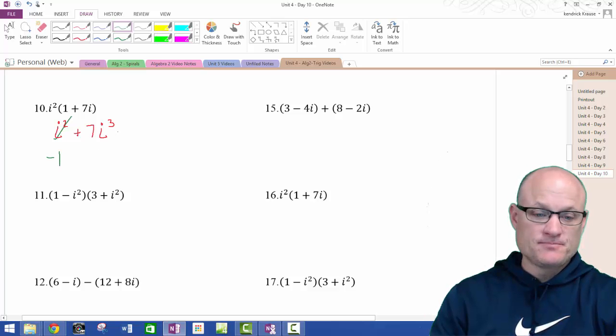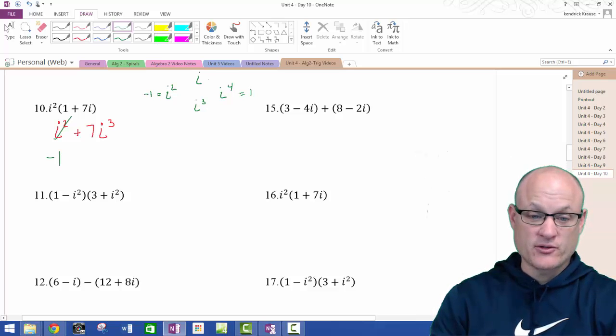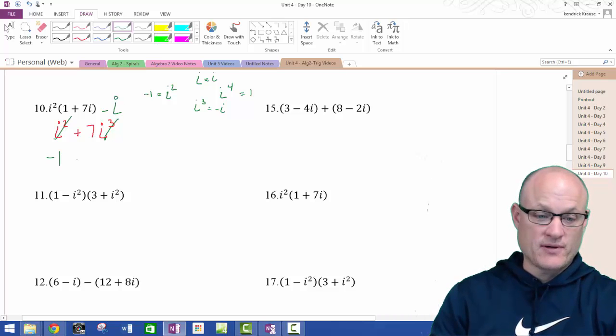And for i cubed, you'll have to go back to the i circle, but if you remember, it's i squared, i cubed, and i to the 4th. This one was negative 1, so this one is positive 1. This one is just i, so this one is negative i. So i cubed is really just negative i. So my final answer is negative 1 minus 7i.